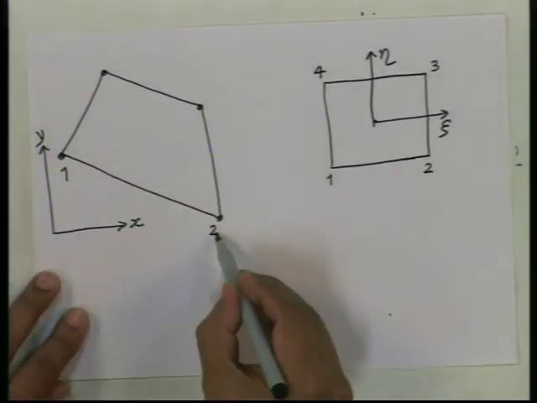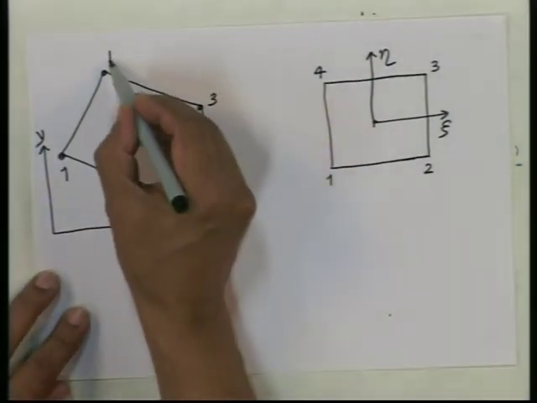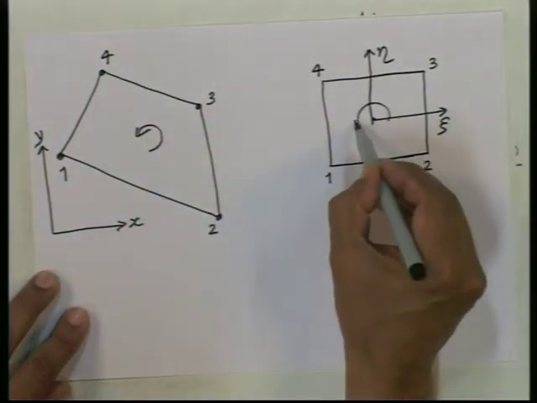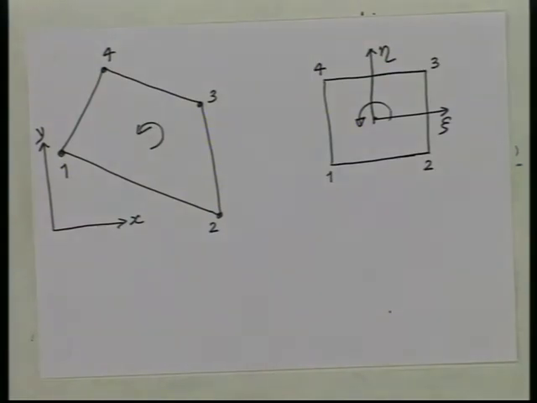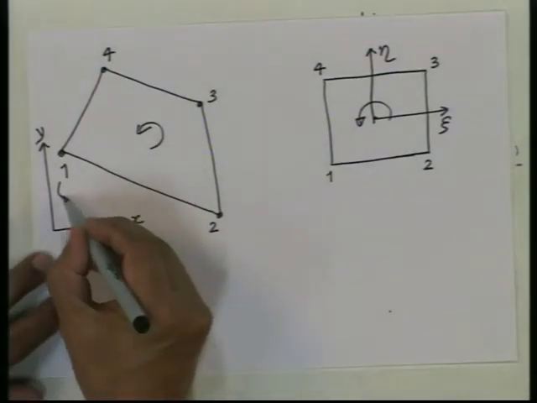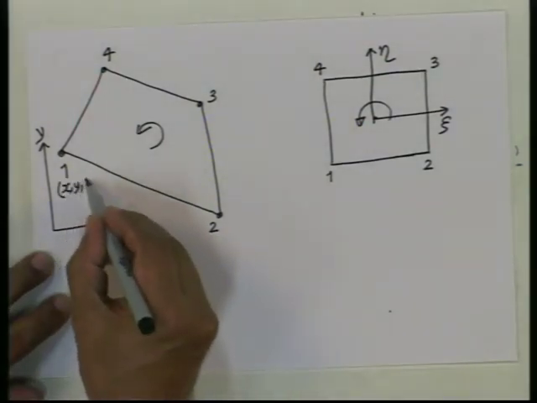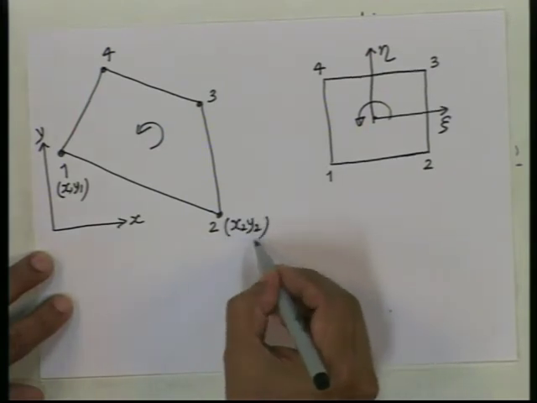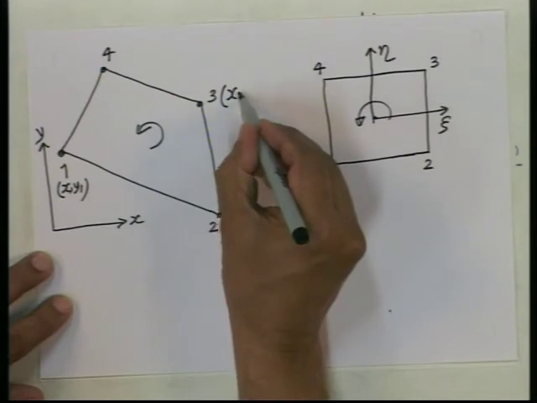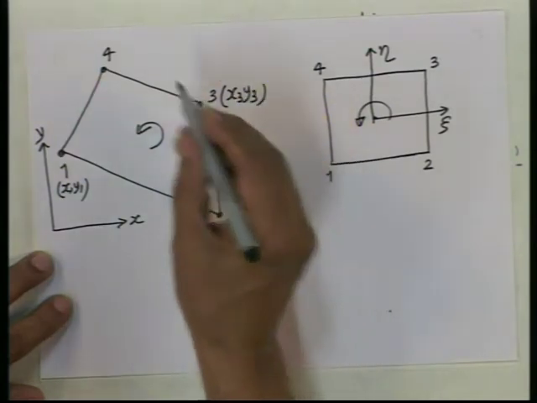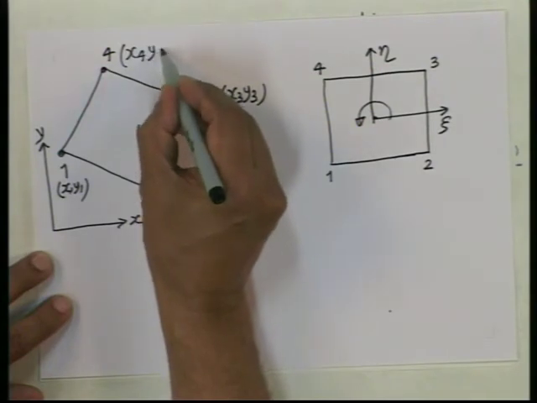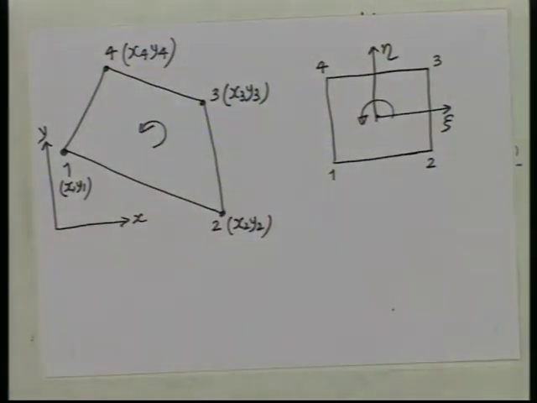Of course, one can start anywhere, only thing it must follow the same rule of anti-clockwise, everywhere anti-clockwise. This coordinate is x 1 y 1, this coordinate is x 2 y 2, this coordinate is x 3 y 3, x 4 y 4.